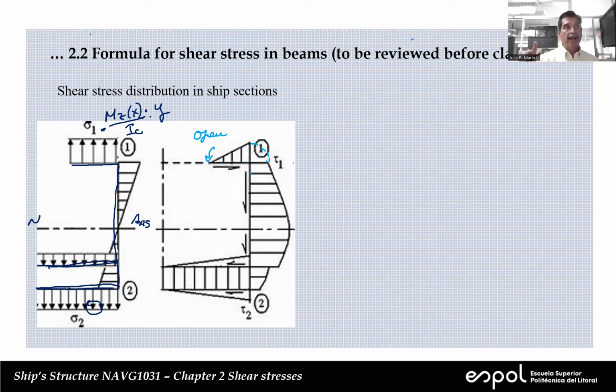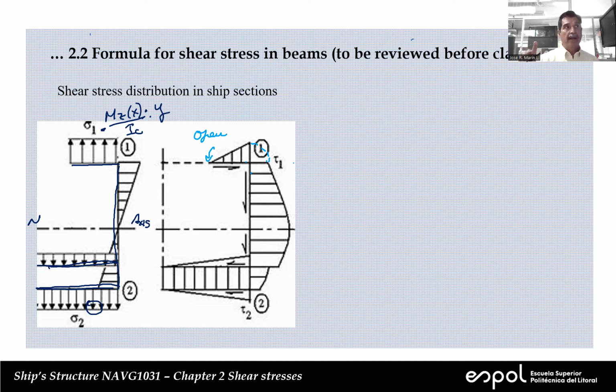Now here, we have a bifurcation. So some of the shear flow goes in that direction, and the rest goes in this direction. So if we make a cut here, let's call this cut A, we have to consider the side and the deck. And with this Q, we calculate this value of shear stress.